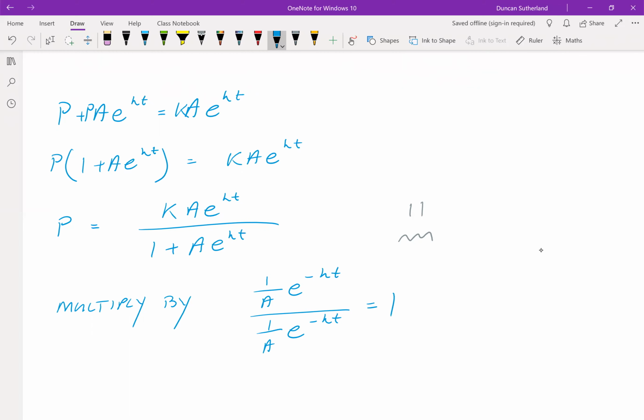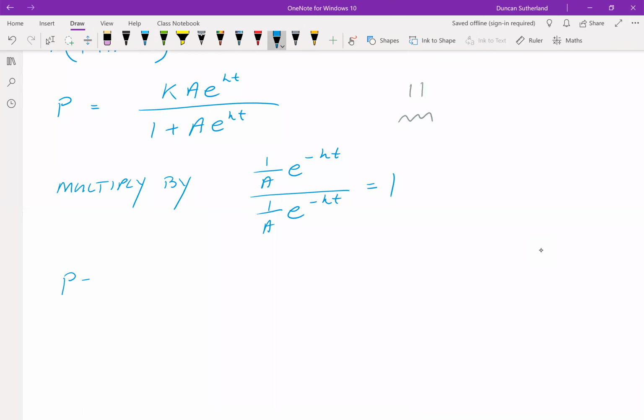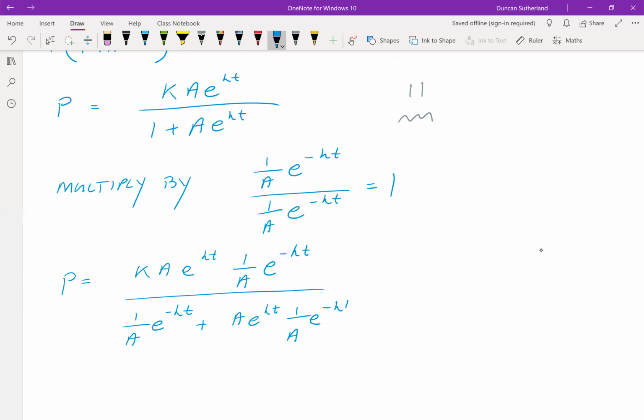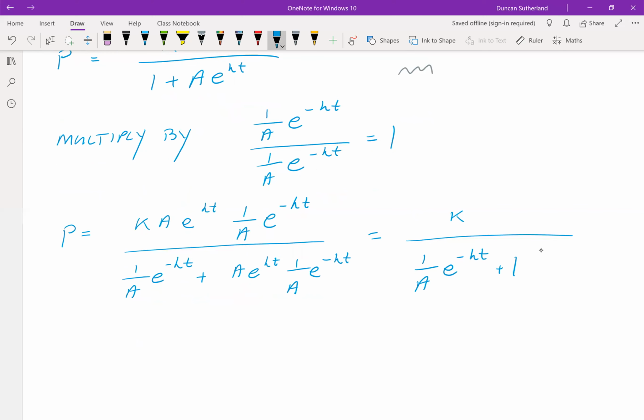If we multiply our solution by this, what we find, okay, so very similar to our previous solution. I'll just rewrite it like this.